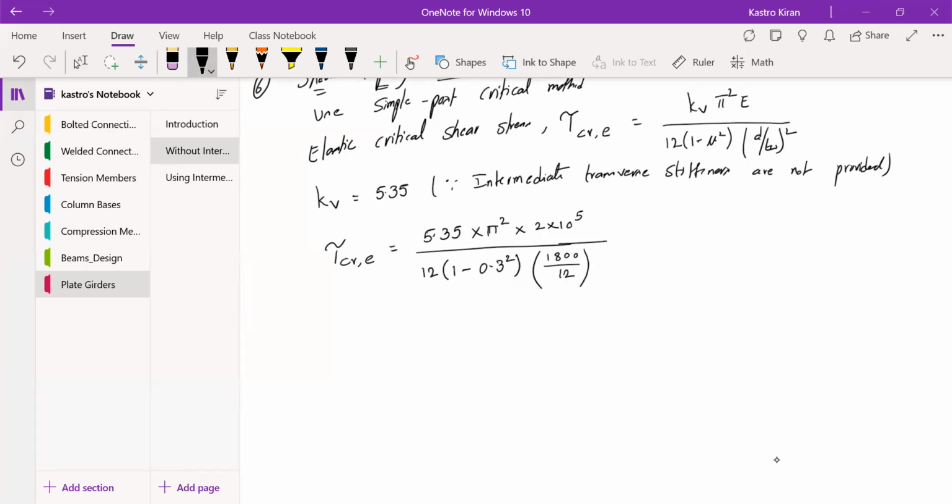If you solve this, you will get the elastic critical shear stress as 42.98 newtons per mm square. This is the total elastic critical shear stress.